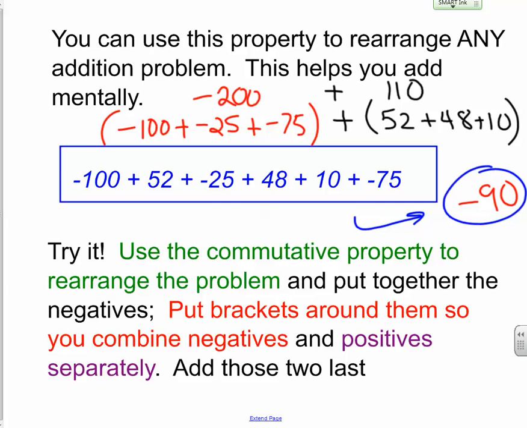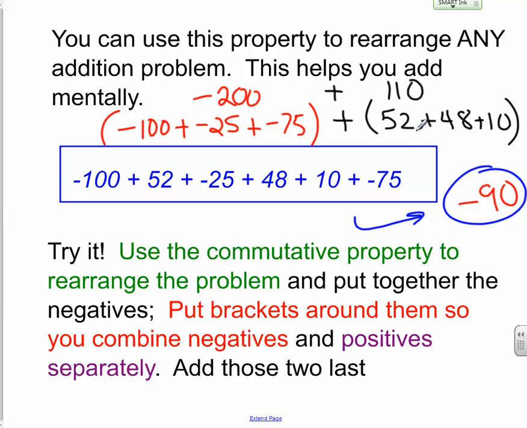So we use this property to rearrange any addition problem, and you can use a combination. So first we use the commutative property to rearrange the problems, and we decided to put together all the negatives and put together all the positives, and then we use the associative property by putting brackets around all the negatives and brackets around the positives and looking for some compatible numbers.